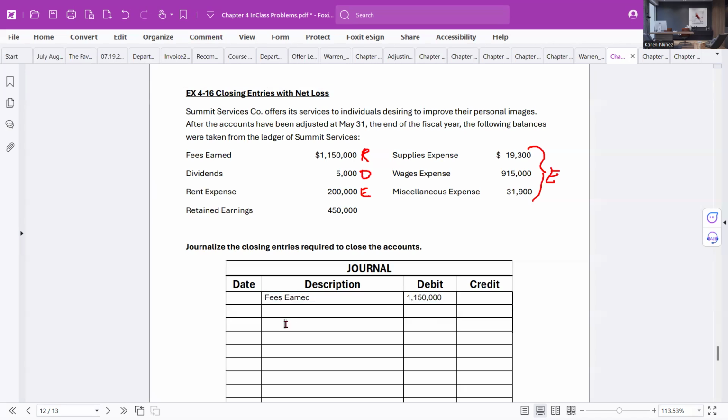But we need to close our expenses out, and I'm going to start here on the next line. The first one I'm going to list is the rent expense. Rent expense is $5,000. Normally has a debit balance. To close it, we're going to credit it. I'm sorry, rent is $200,000. And then after that, we've got the supplies expense, which is $19,300.